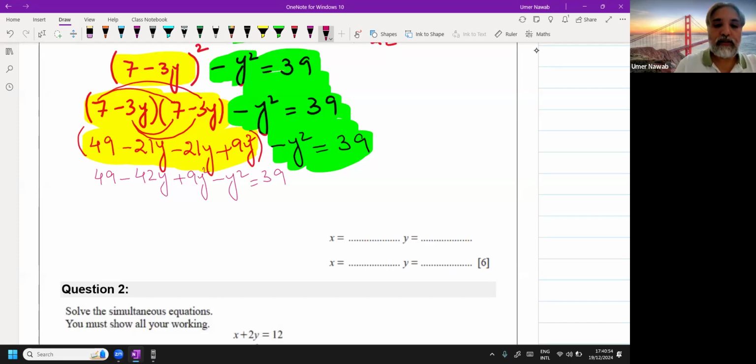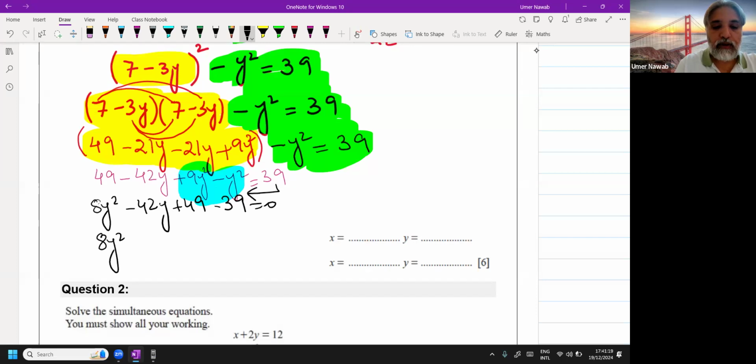The answer is yes. 9y squared minus y squared will make it 8y squared. Then I write negative 42y. Then I have plus 49, and this 39 will go to the left-hand side. It becomes minus 39 equal to 0. So finally, 8y squared minus 42y plus 49 minus 39, which gives you plus 10, is equal to 0.